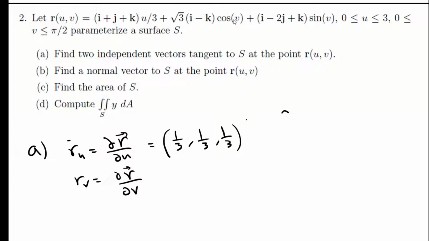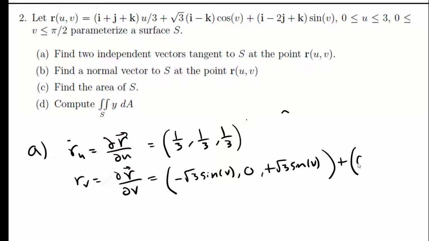Derivative of cosine is negative sine, and what we get is minus root 3 sine v, 0 plus root 3 sine v, plus derivative of sine is cosine. Cosine minus 2 cosine, cosine.